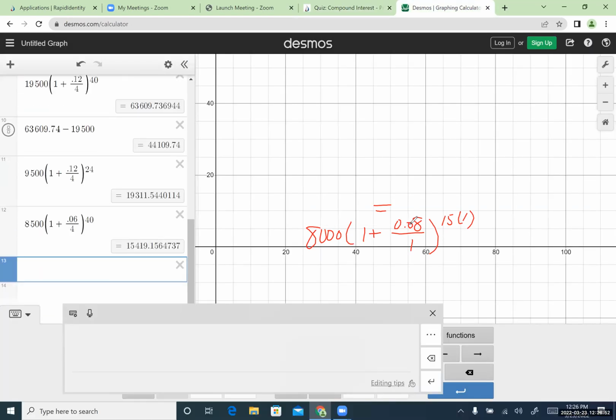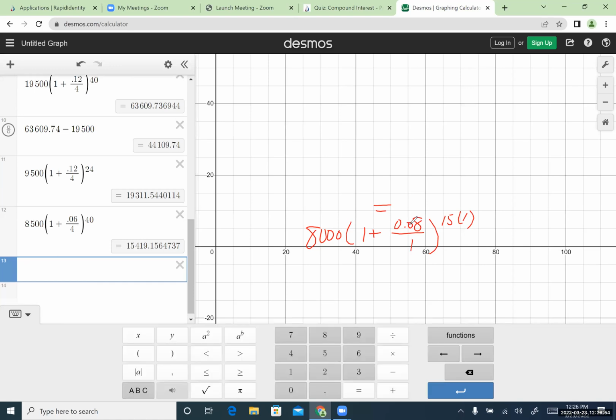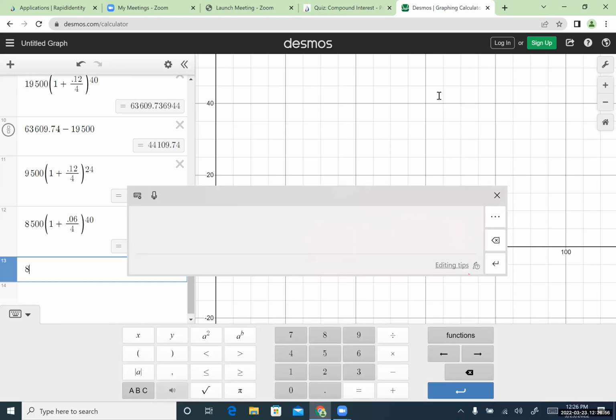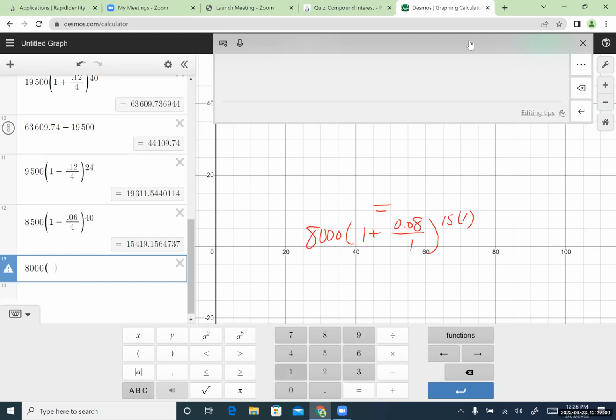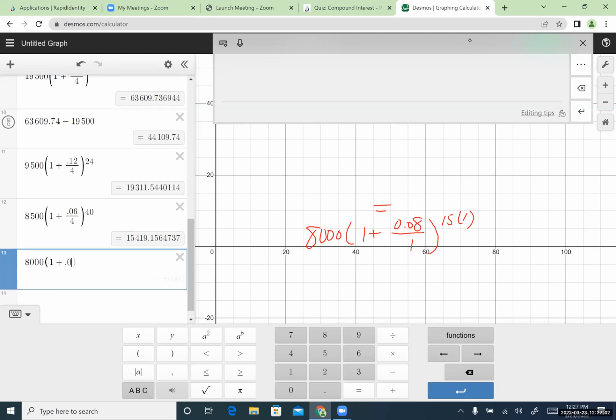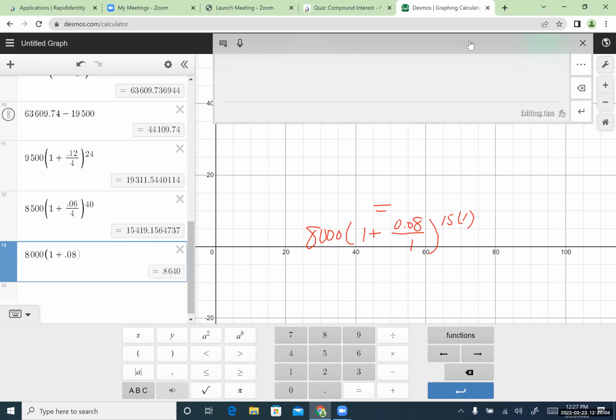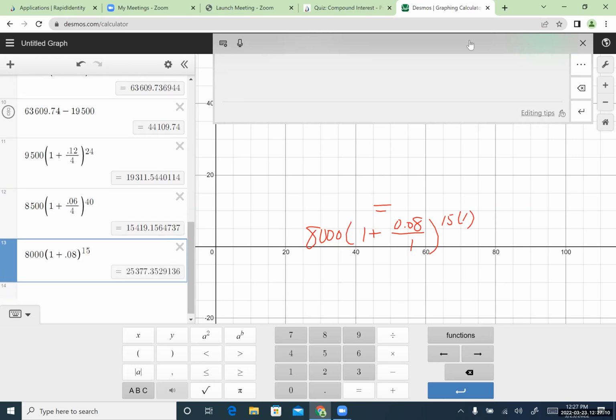All right, and we get 8,000 times 1 plus 0.08, and I don't need to divide it by 1. I know what that is. And I'm raising it to the 15 times 1, to the 15th power. I get 25,377.